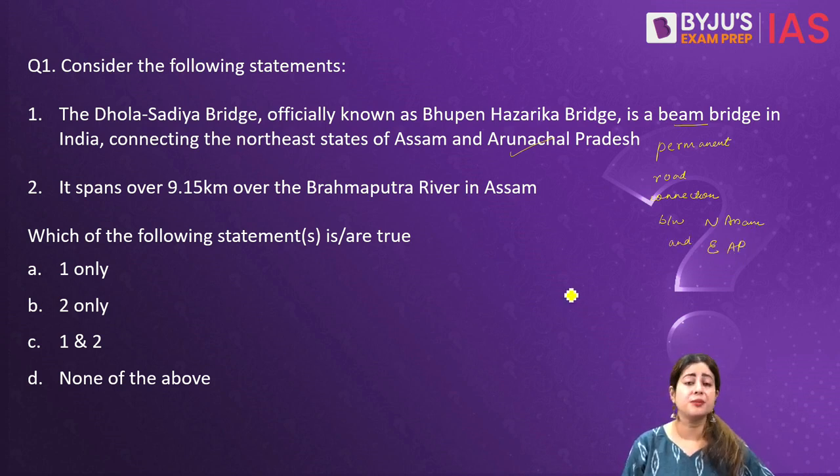Let's also remember that this has been built on the Lohit River, which is a major tributary of river Brahmaputra.